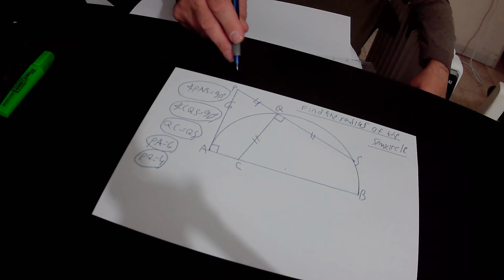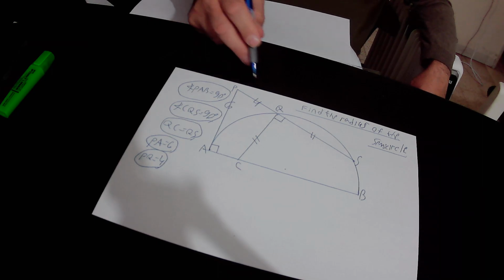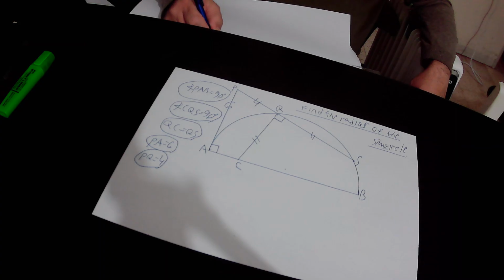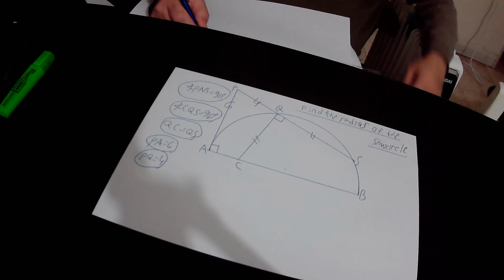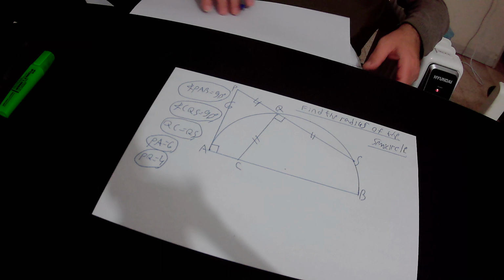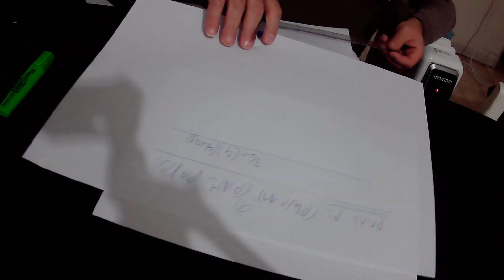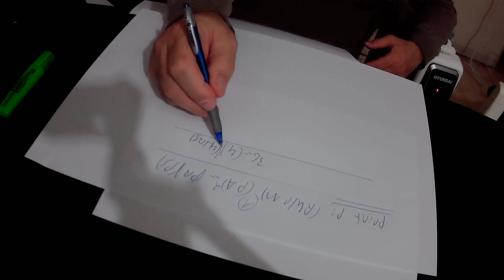PA is 6, therefore PA squared is 6 squared, that is 36. And it equals PQ, which is 4, times PS. PS in total equals 4 plus QS. So according to rule number 10, 36 equals 4 times (4 plus QS).